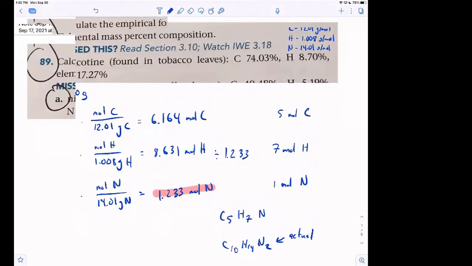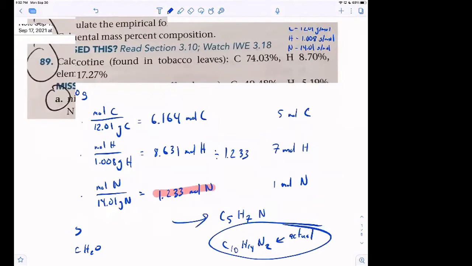Like glucose is C6H12O6, but the empirical formula is CH2O. So from these data, we can infer that nicotine is 5 parts carbon to 7 parts hydrogen to 1 part nitrogen, but in actuality the molecule is double that. At this point you don't have to know how to do this; I'm just using that as a check. You do know how to do the rest.